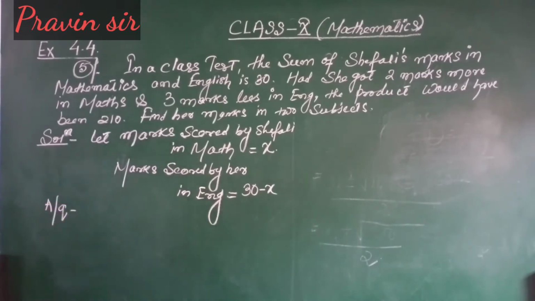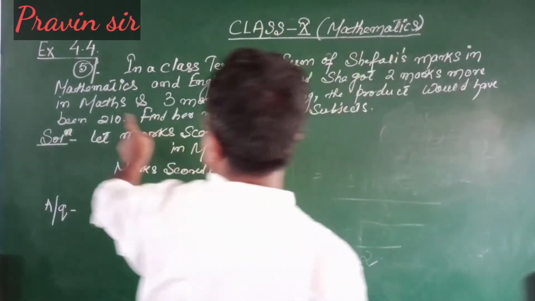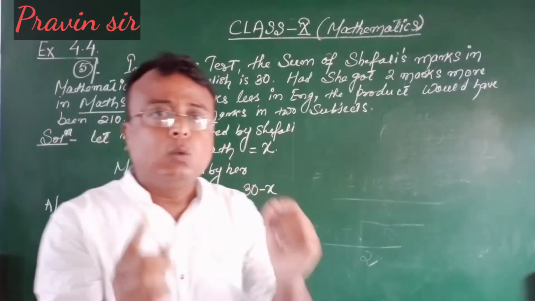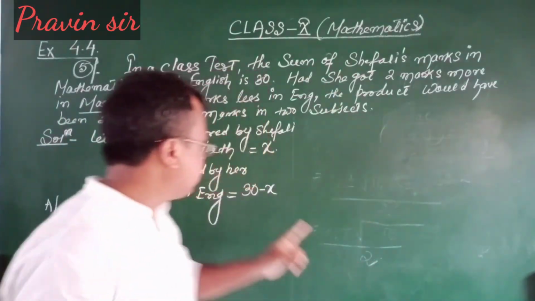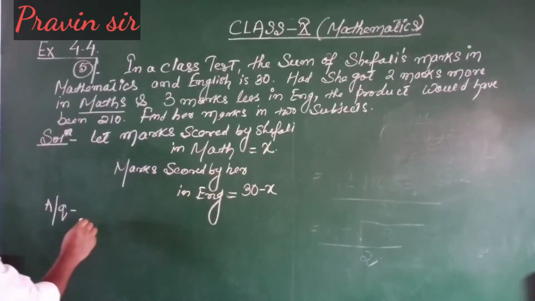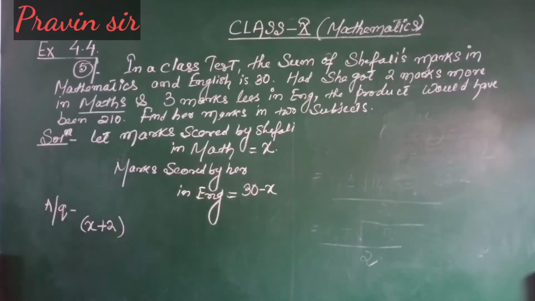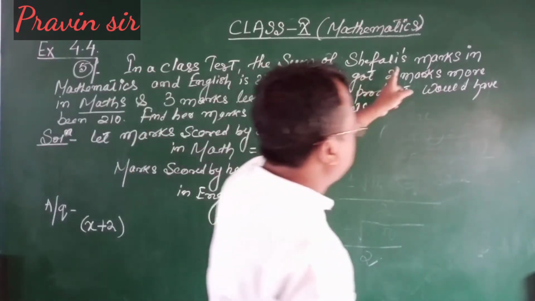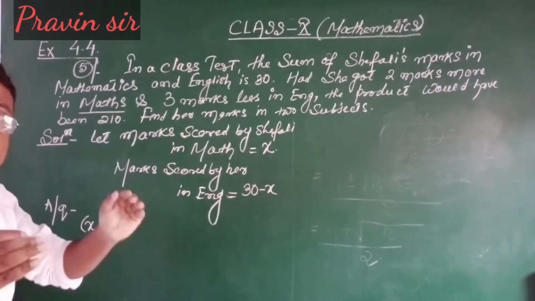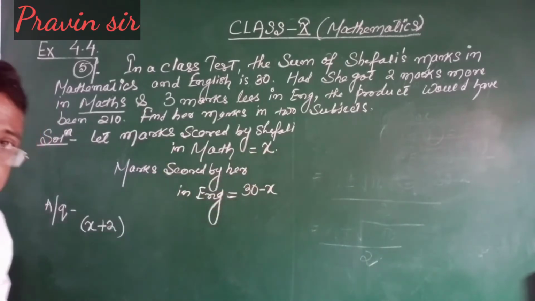According to the question, had she got 2 more marks in maths, if she got 2 marks more in maths, the actual marks she got was x. If she gets 2 marks more, how can I write it? x plus 2. Are you getting? Had she got 2 marks more in mathematics, the marks we took were x, so 2 more means x plus 2.